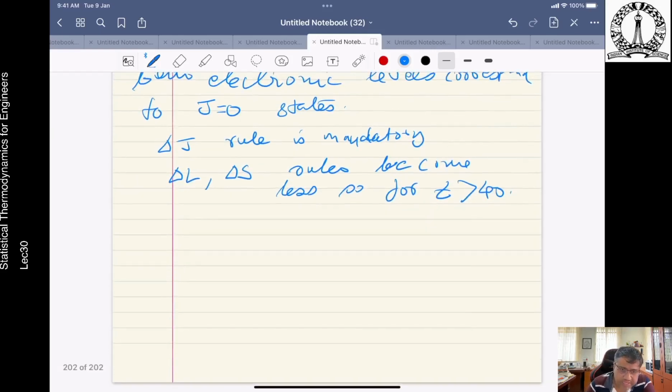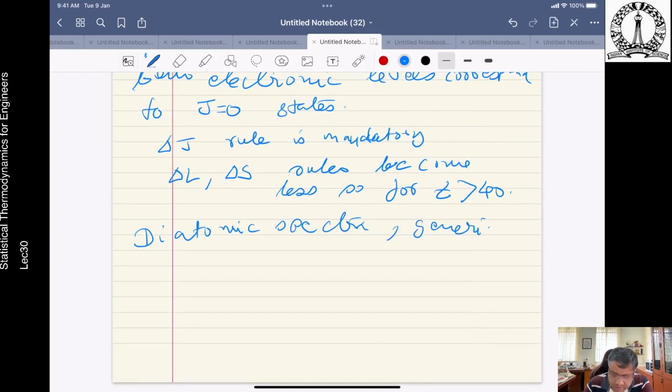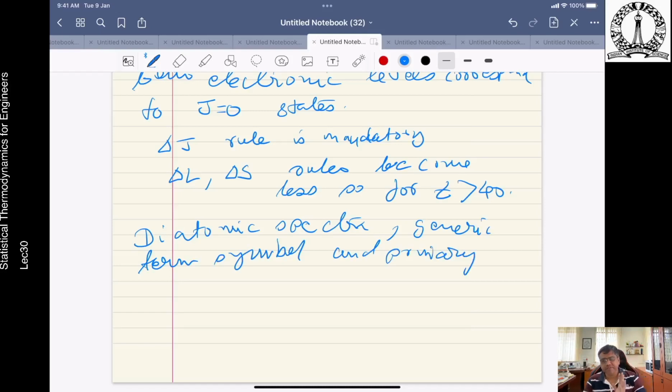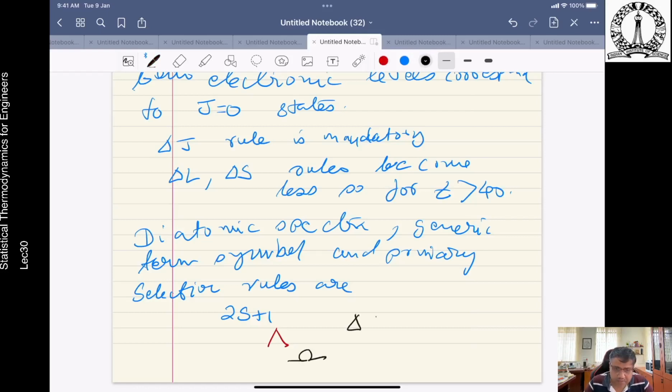Now let us look at the diatomic spectra. Here the generic term symbol 2S+1 Lambda and the primary selection rules are: delta Lambda equals 0, plus or minus 1; delta S equals 0.